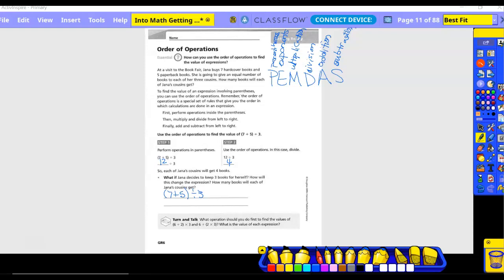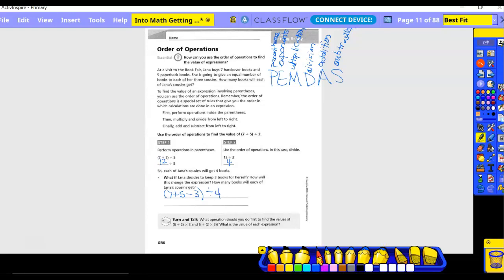At the beginning or at the end? At the beginning, okay? So I know you guys just wrote that down, but let's go ahead and add that in then. So we would do the 7 plus 5, and then what did you guys tell me? Minus 3, divided by 3, sorry.